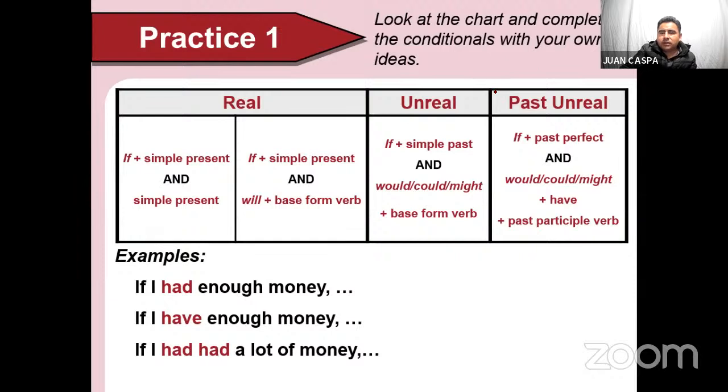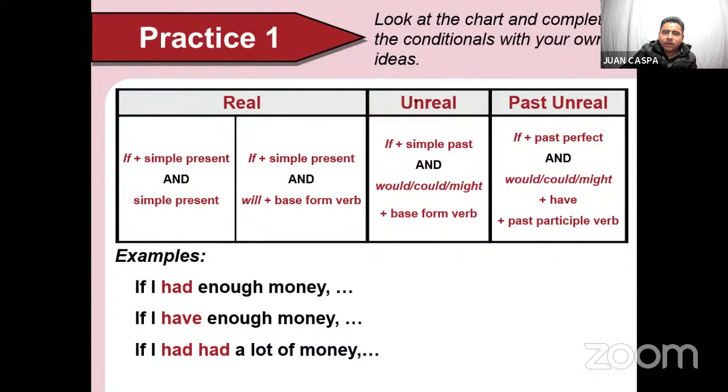Look at the chart and complete the conditionals with your own ideas. When we talk about real, simple present in the if clause and simple present, or simple present and will, right, in the real conditional.